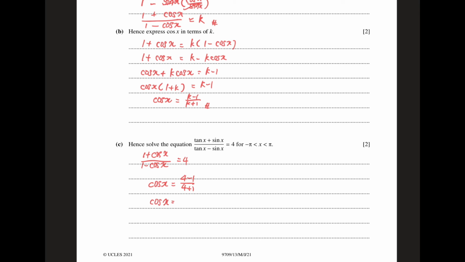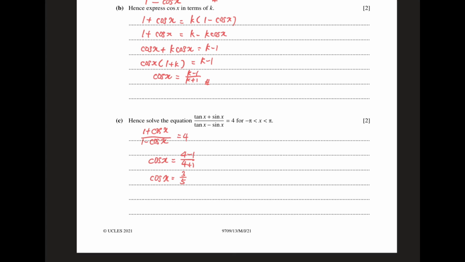Cos x is equal to 3 over 5. Now cos x equal to 3 over 5, and we need to inverse cos now. Inverse cos 3 over 5.